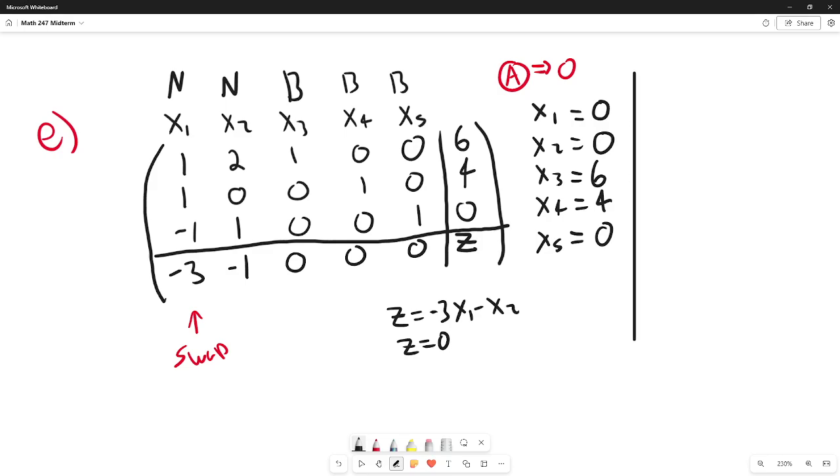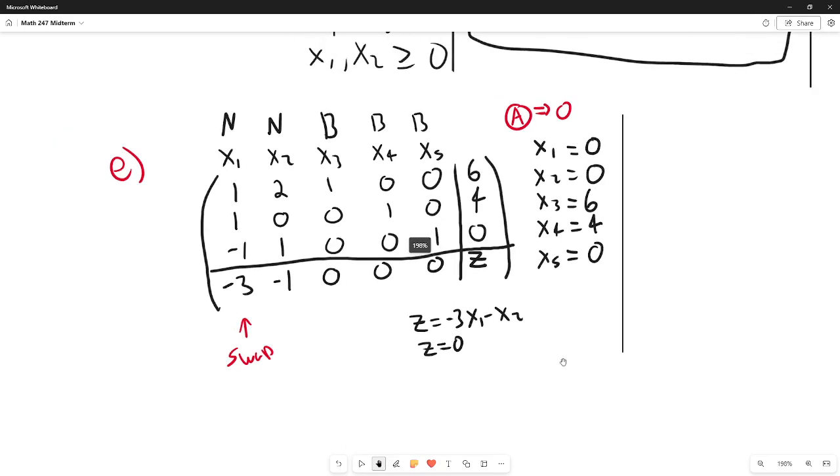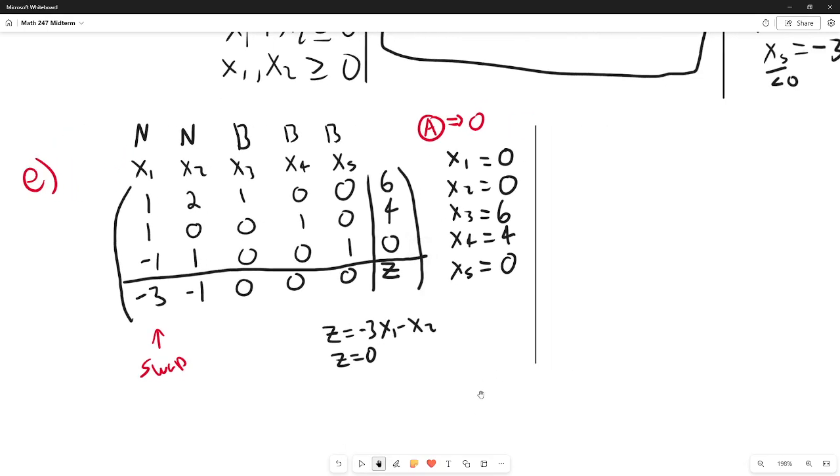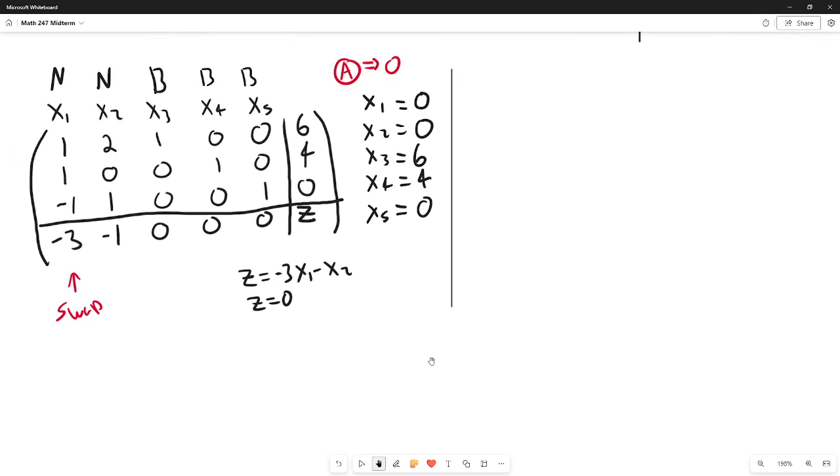So how do we identify which one to swap? Well, there is a shortcut to do it. I personally don't like doing the shortcut because it can mess you up. So to do it, you can just match up each value for x1 with each basic variable. So we have x1 plus x3 is equal to 6. Then we have x1 plus x4 is equal to 4.